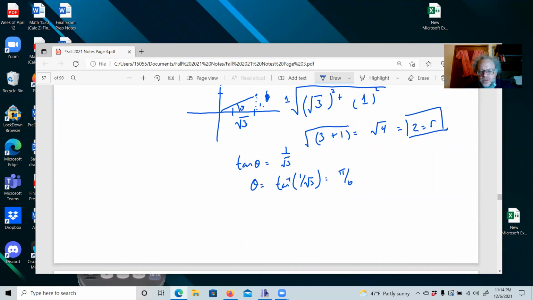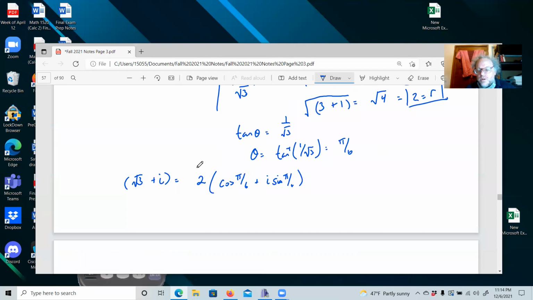Okay, so now we're going to say square root of 3 plus i is equal to 2, that's r, times cosine of pi over 6 plus i sine pi over 6. Now I'm going to want to raise this to the 6th power?